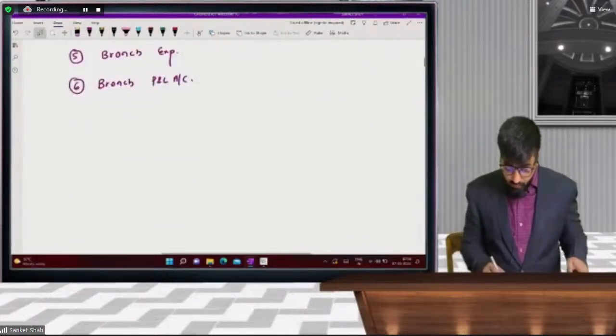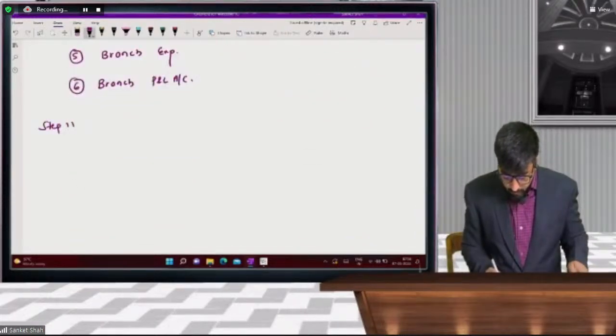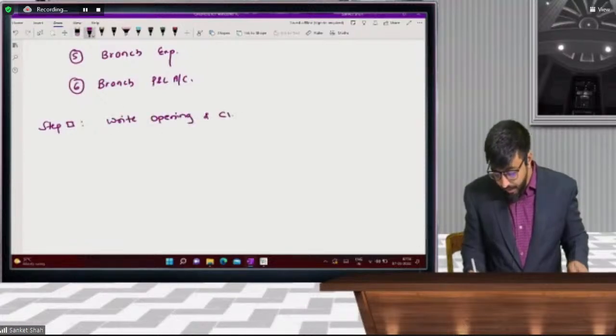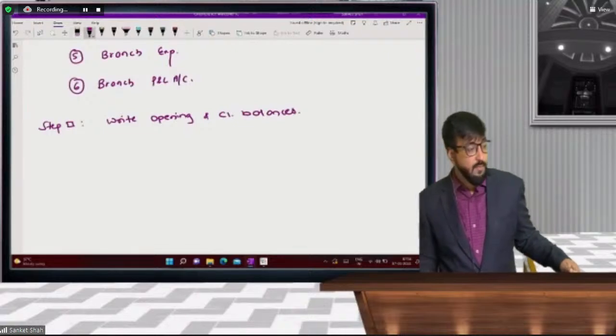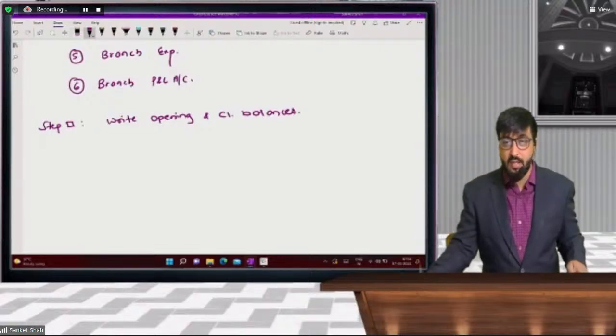Step number 2: write the opening and closing balances. It's very easy.